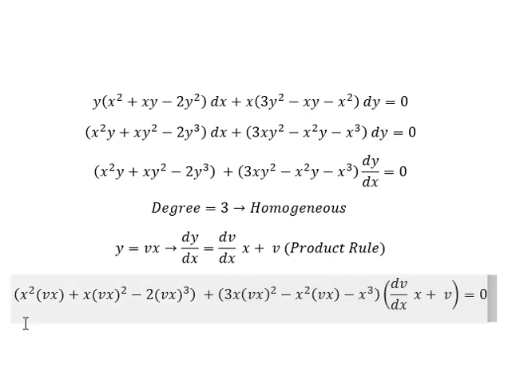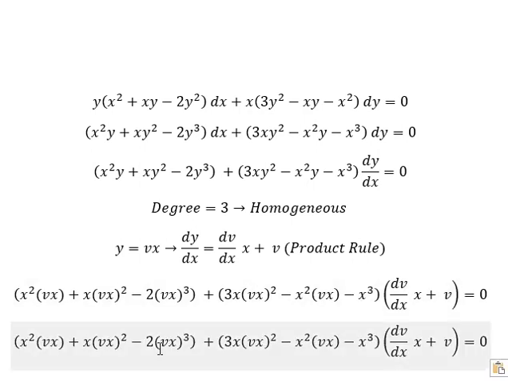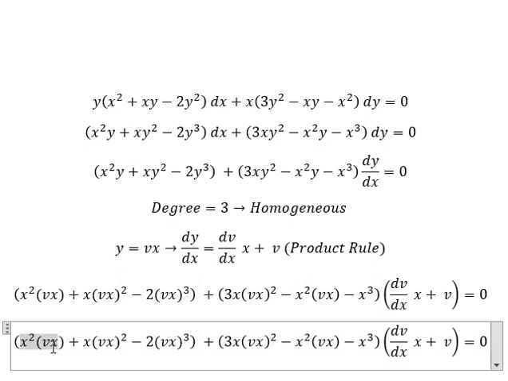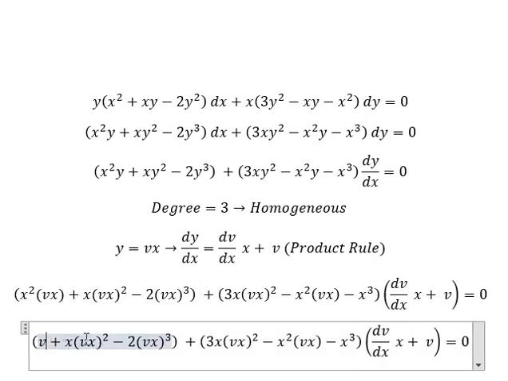So we need to simplify x to the power of 3 on both sides. So we have like this.